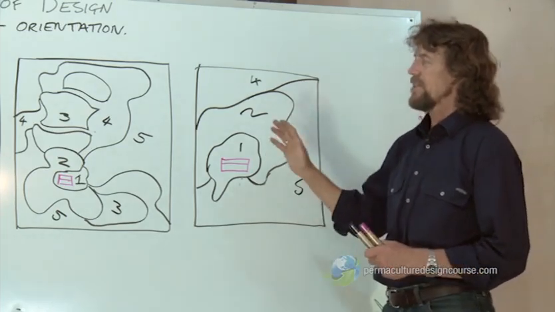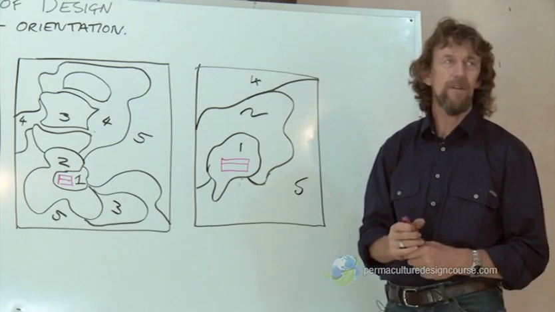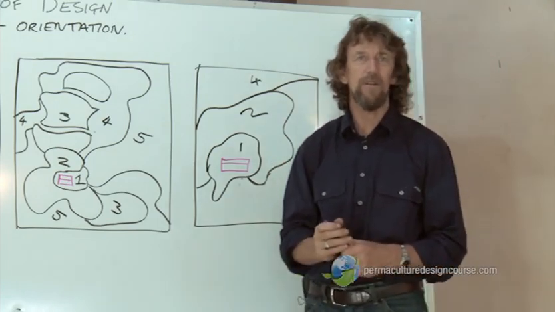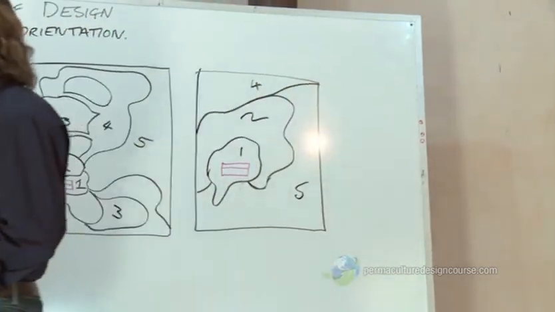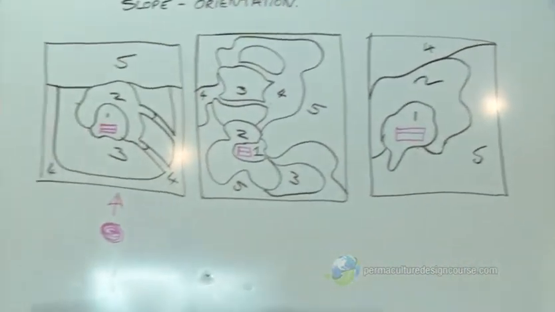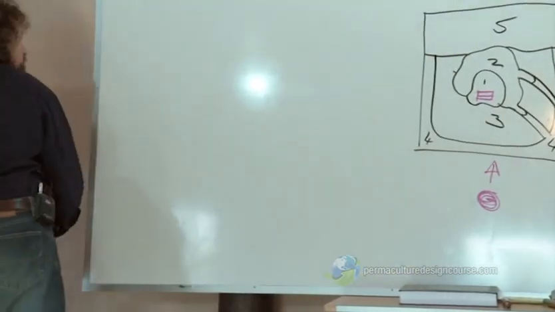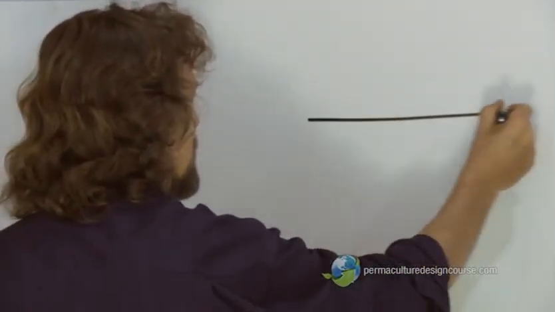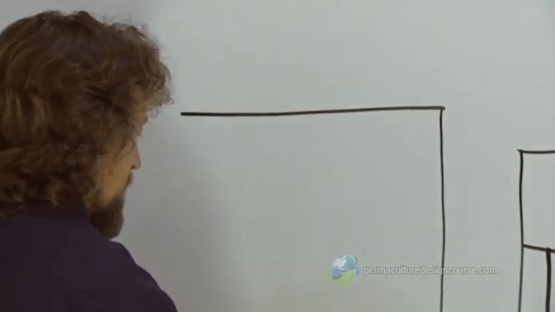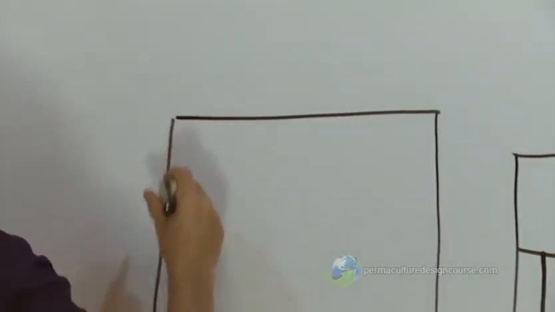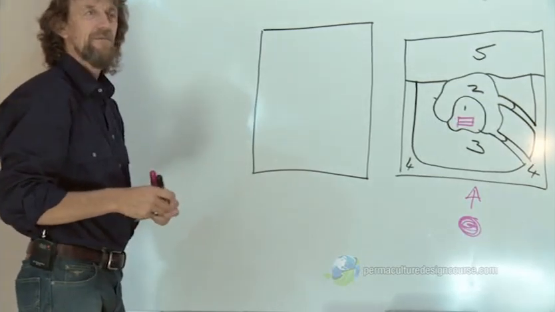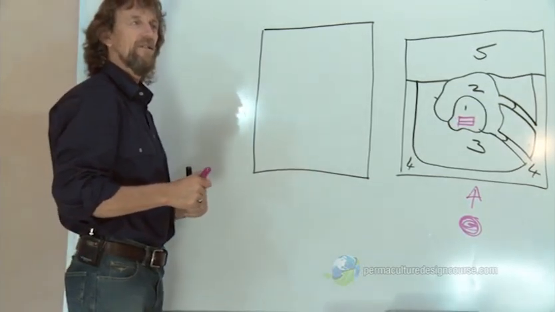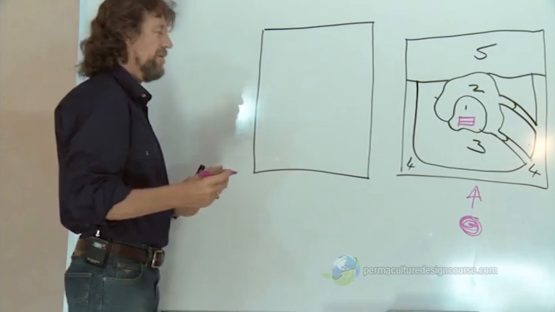So you'll never see two zone maps the same. Never. They'll always be different. There'll be some common systems, especially when you come down to urban landscape. So if you come down to an urban landscape, there isn't going to be a zone 3 in an urban landscape. It's not going to fit. There isn't really going to be a zone 4 or 5.